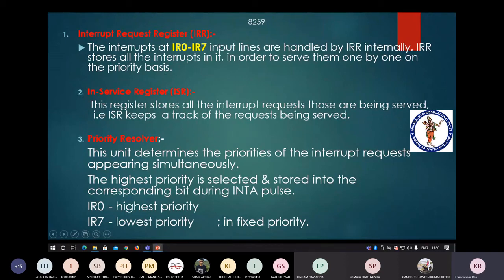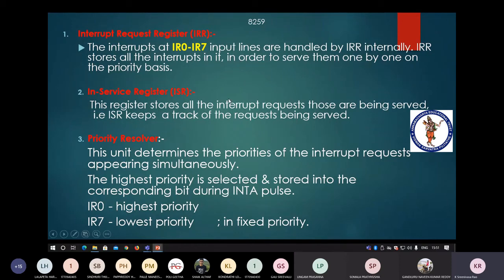So it stores the information related to these request lines. The in-service register stores all the interrupt requests that are being serviced; that is, the ISR keeps track of requests being serviced. But the basic difference between these two is that in the interrupt request register, there is a chance that all the bits are in the high state, meaning every device is requesting the 8259 for service.